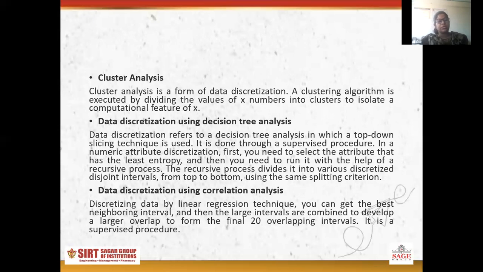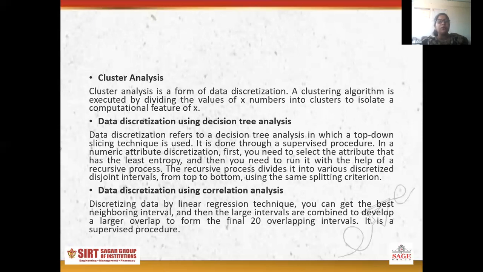Data discretization using decision tree analysis. Data discretization refers to decision tree analysis in which a top-down slicing technique is used. It is done through a supervised procedure in a numeric attribute discretization.